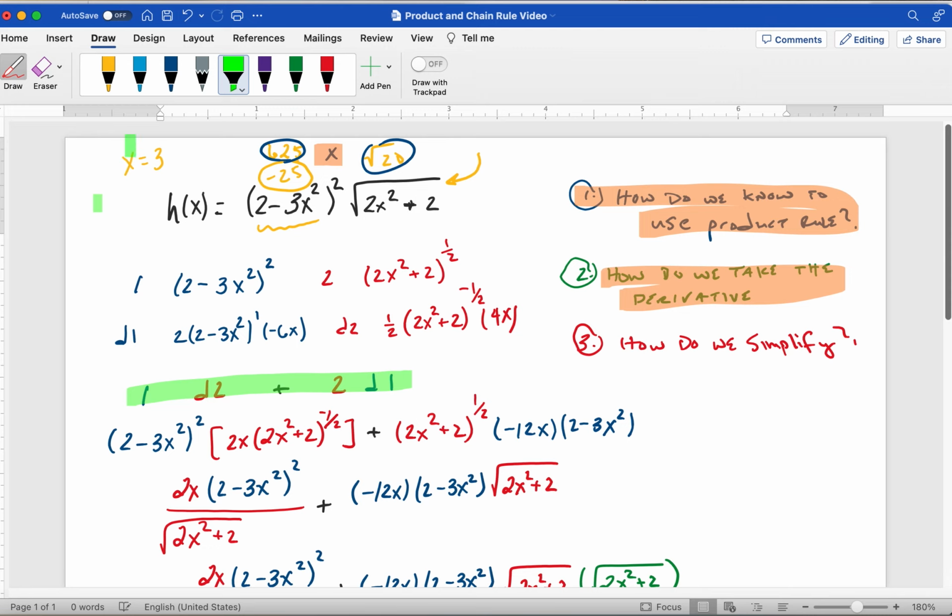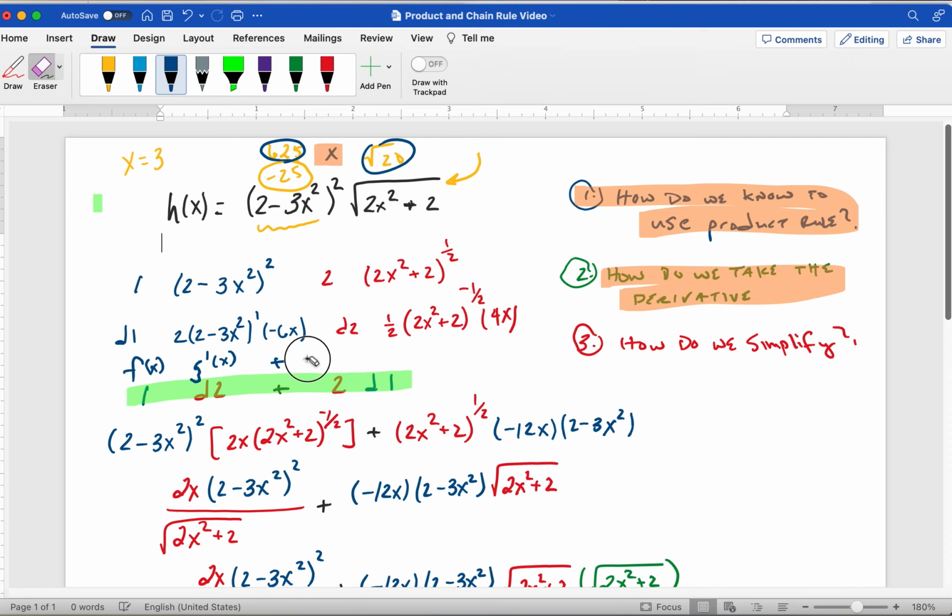So basically this is the first function times the derivative of the second function plus the second function times the derivative of the first function. So however you want to remember that is fine. It's just the little phrase 1d2 plus 2d1 helps me kind of identify what's going on.